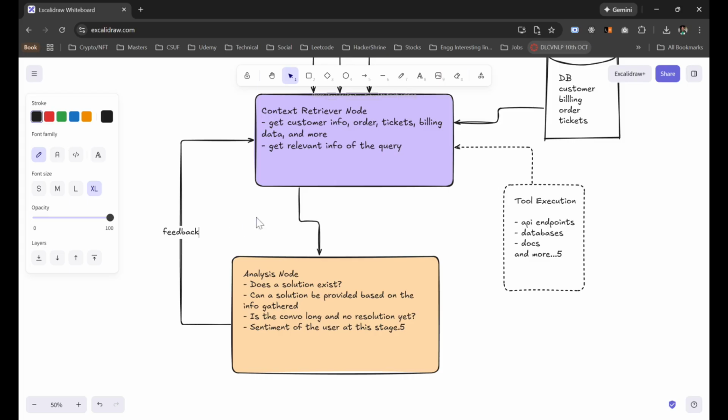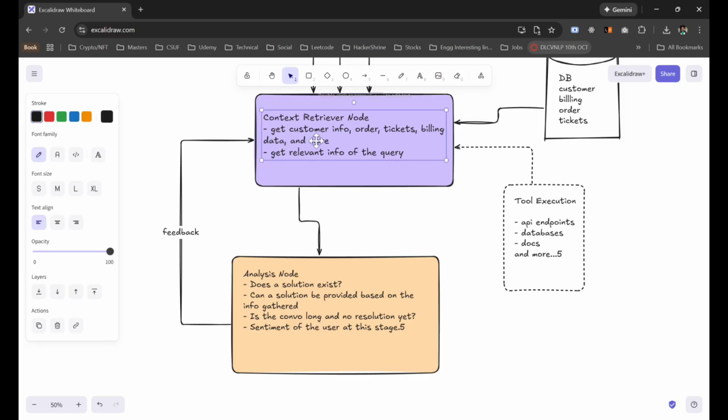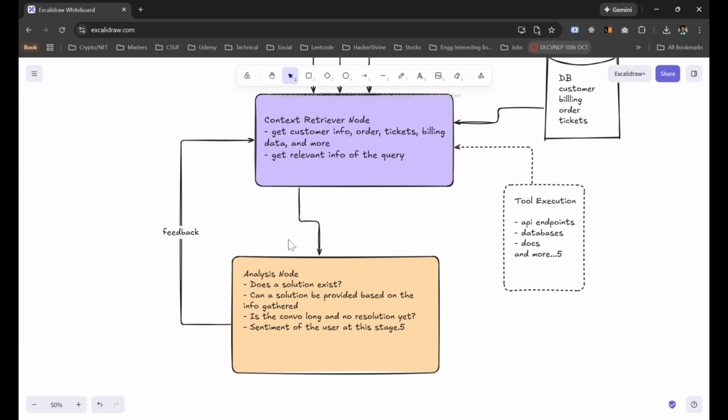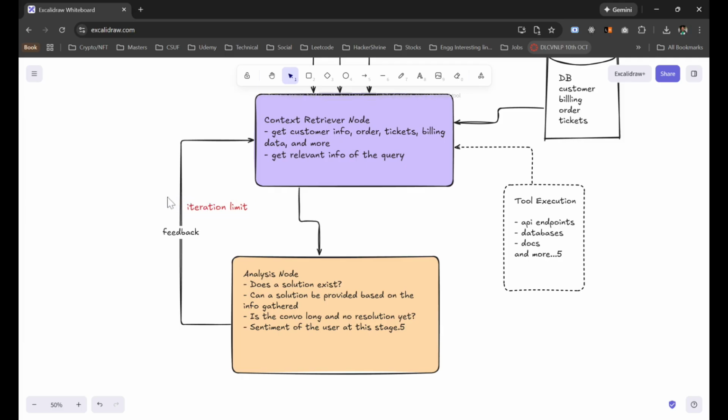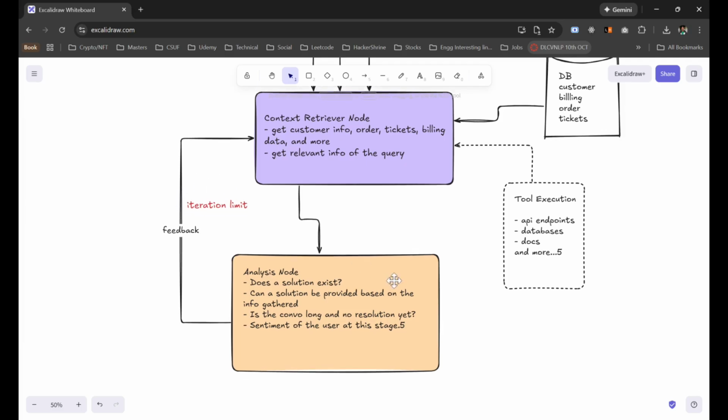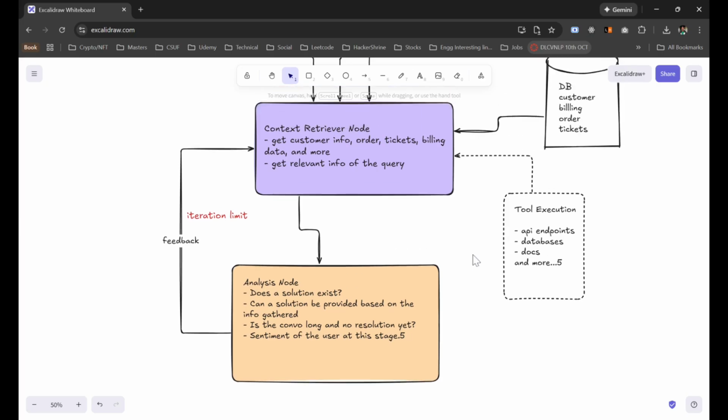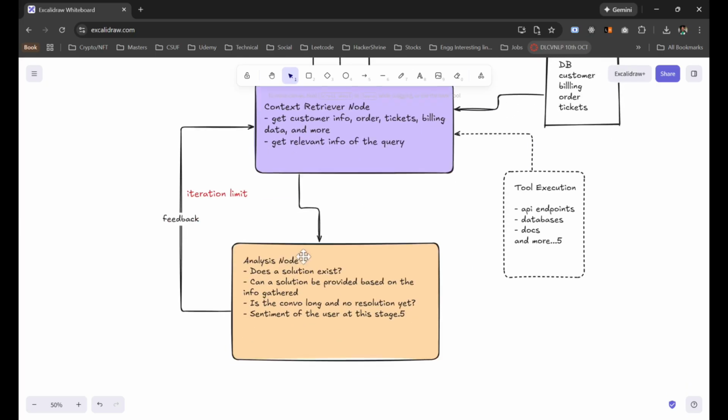So it goes back, it gives the feedback, and this goes on. Now this is where you can add your iteration limit. So we can add the iteration limit over here of the feedback, and that is done over here.